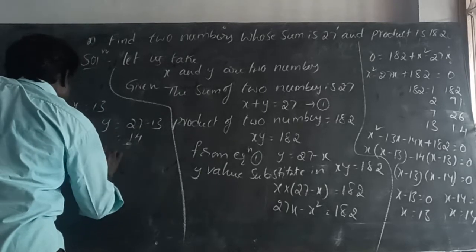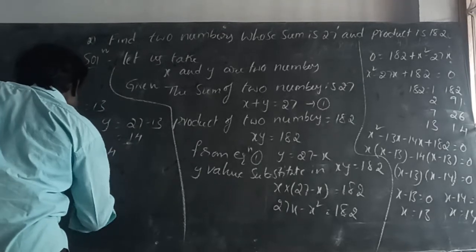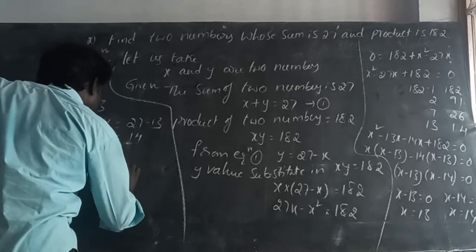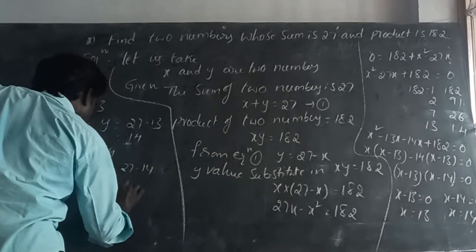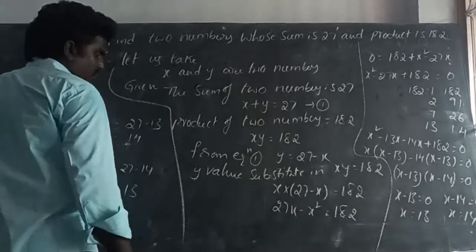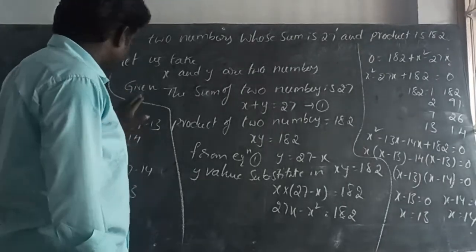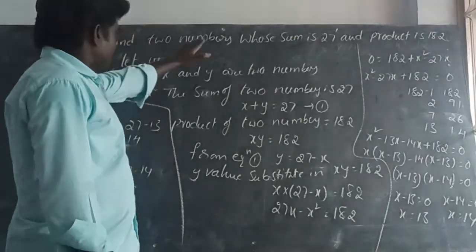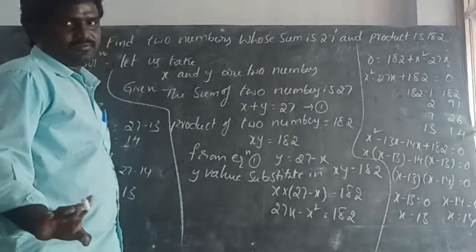If x is equal to 14, then y is equal to 27 minus 14, which is 13. These are the solutions, the two numbers of the given question.